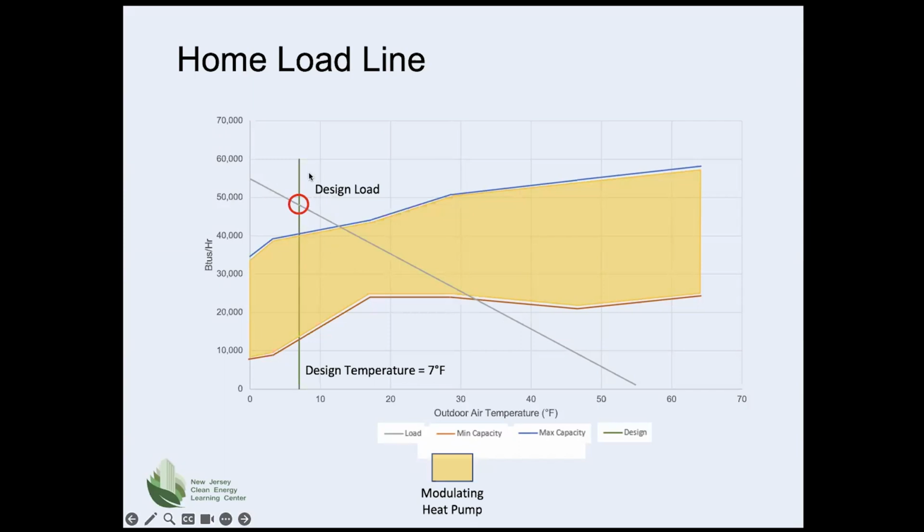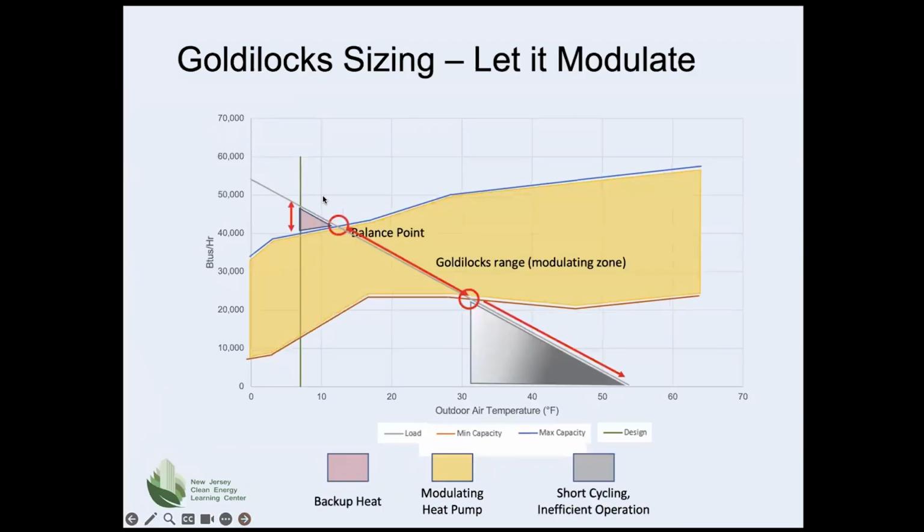However, this design point of 48,000 BTUs is not going to be met by this heat pump without some form of supplemental heat. And that's represented by this triangle here, pinkish color. This point is called the balance point. That's the point at which the design load and the design capacity of the unit are coincident.